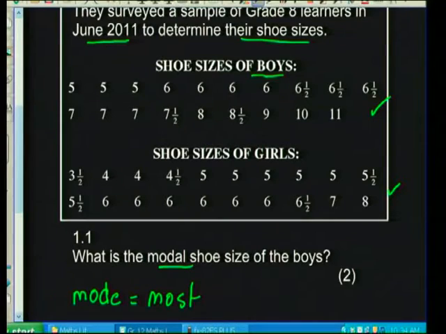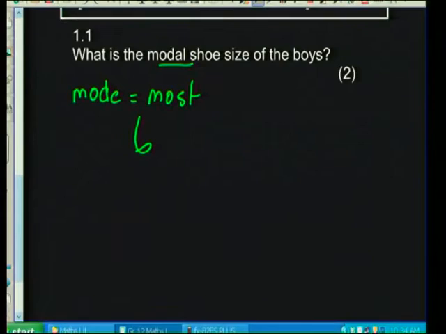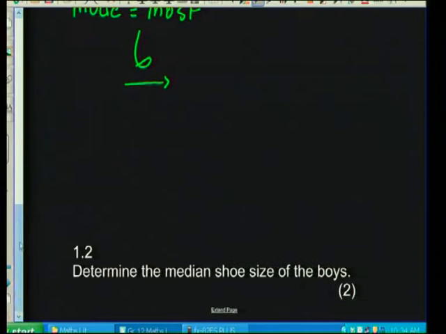I can see I've got 3 5s, but then I've actually got 4 6s. I'm going to underline them as I count them along. Check my 6.5, I've got less than 4. 7s, I've got less than 4. 7.5, there's only 1. So clearly the modal, the one that occurs the most often, is 6. So that's easy enough, and I've got 2 marks that are kind of in the bag already.